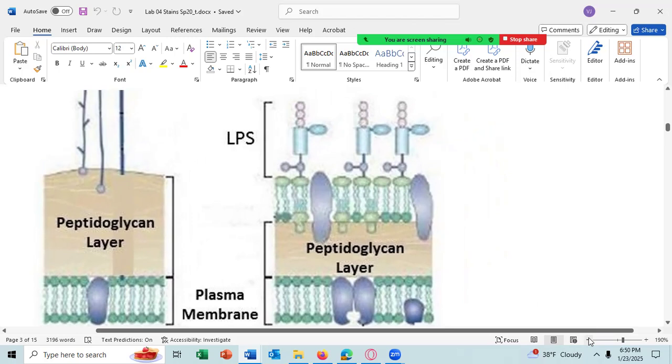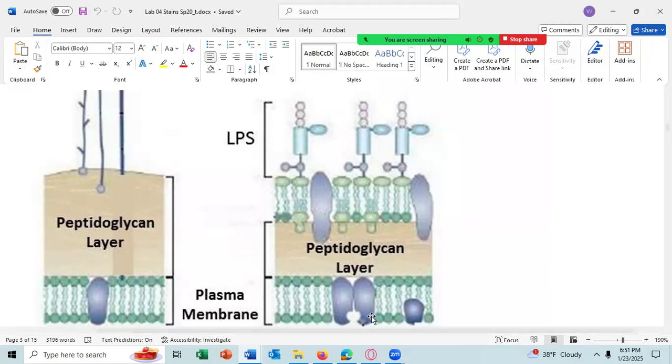And then the cell wall of the gram-negative cell differs because it has this lipid bilayer right here with other molecules in the lipid bilayer, but mainly the lipid bilayer. And this is called the outer membrane of the cell wall. And remember, that's the plasma membrane. You'll note that the outer membrane of the cell wall looks similar to the bilayer of the cell membrane.